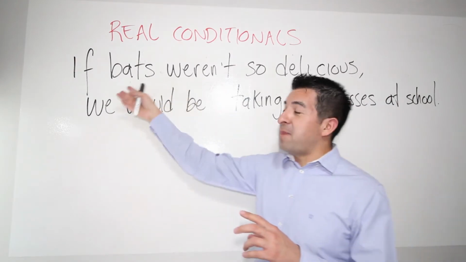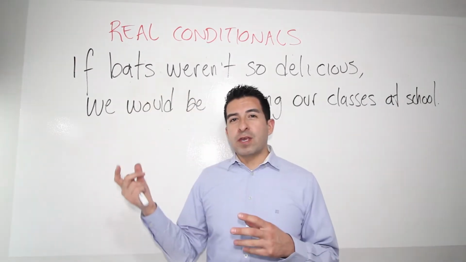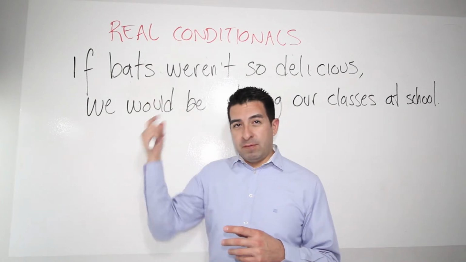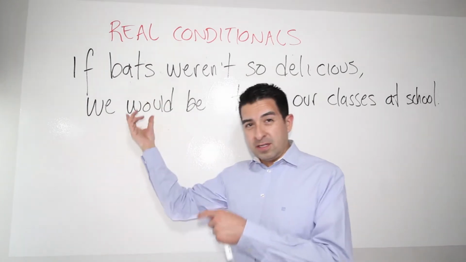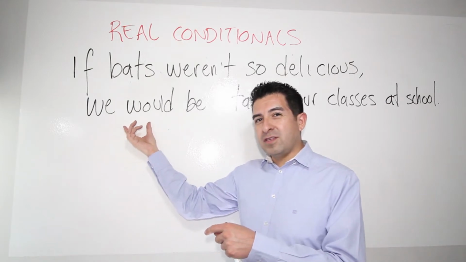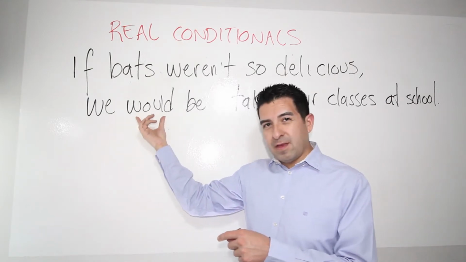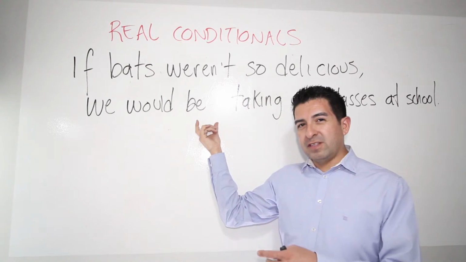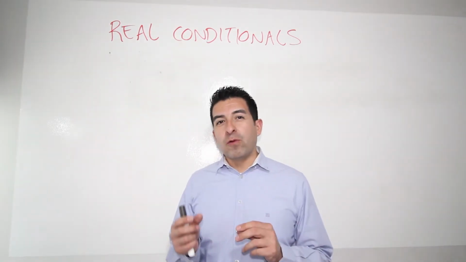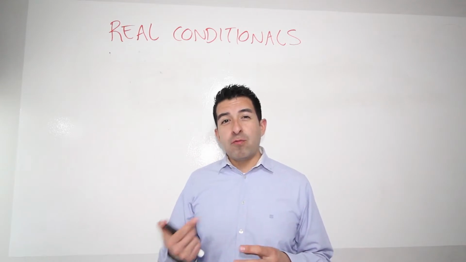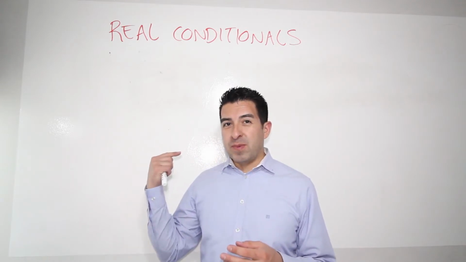Weren't. If bats weren't. Of course, we can use the auxiliary, affirmative, or, like in this case, negative. And in the second part, we can use a modal verb and a bare infinitive without the to. Now we're going to explore how to write an unreal situation in the past.